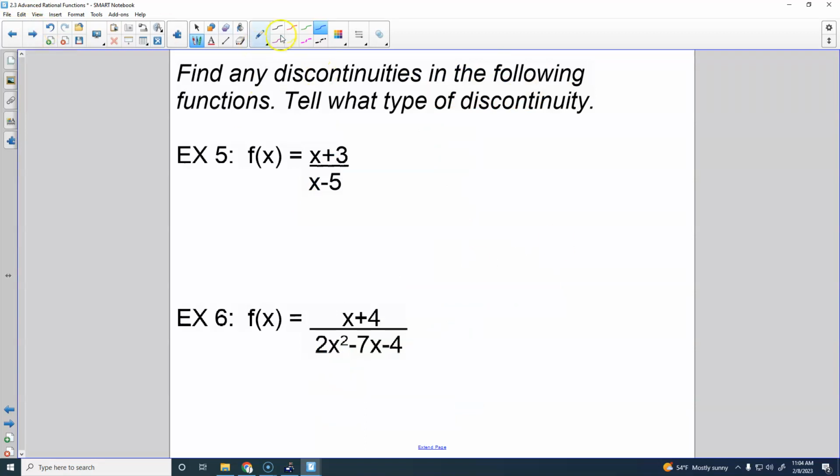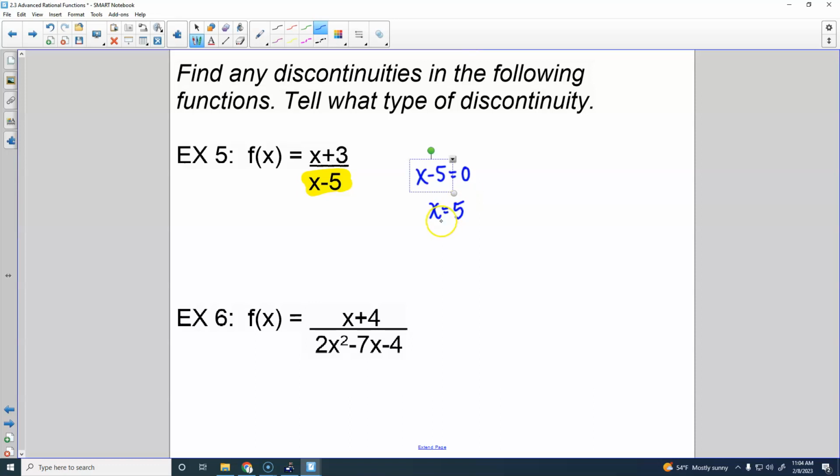Okay, same instructions here. Our discontinuities only come from the denominator because we can't have zeros in the denominator of a fraction. So if x minus 5 equals 0, that means x equals 5 is where we're going to have that discontinuity. And does x minus 5 cancel with the numerator here?